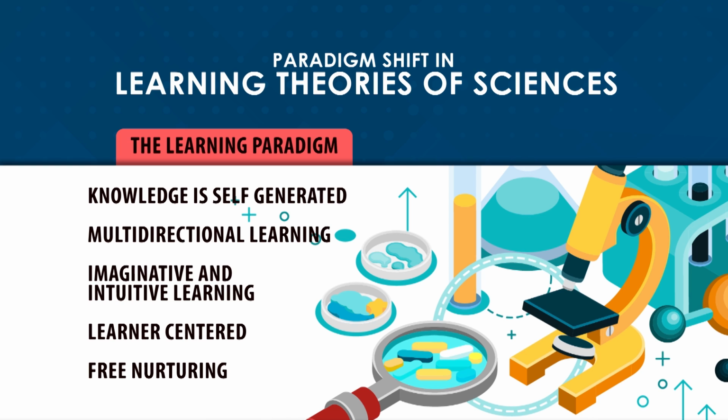Multidirectional learning is something that is very important for science education in India. And contrary to the teaching paradigm, imagination and intuitive learning are prominent. The child himself is given a chance to imagine and use his intuition about what will happen.